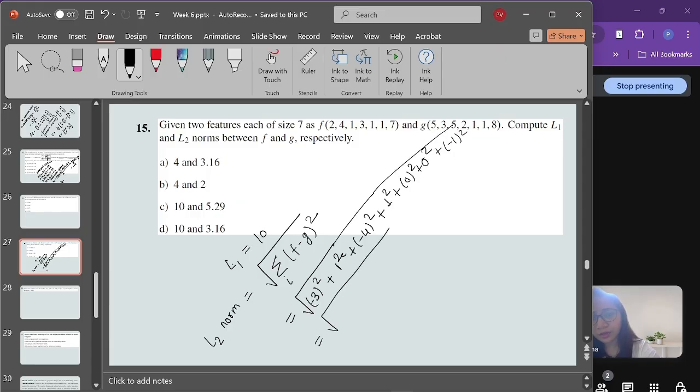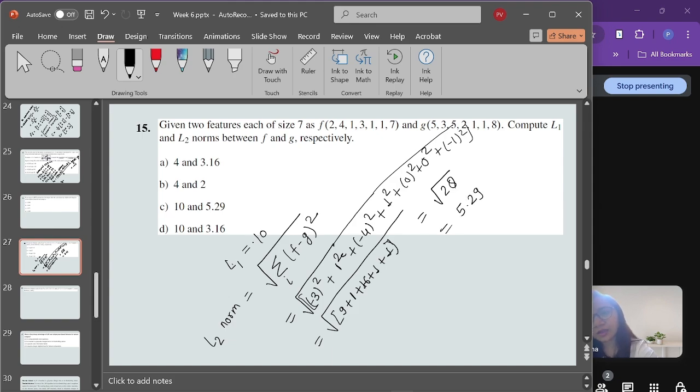If you add and take the summation of all those, you will get 9 plus 1 plus 16 plus 1 plus 1. The overall value you will get is 28, root of 28, and for that you will get 5.29.